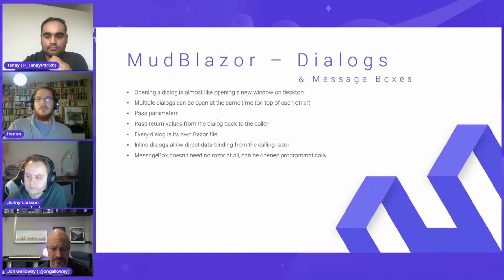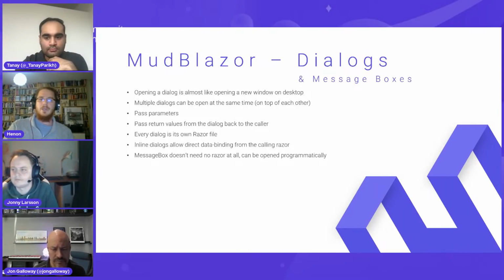Most of the time that's pretty okay. But sometimes you want just a very small dialogue, which you can just inline in another component. And for inline dialogues, we even support direct data binding into the dialogue.